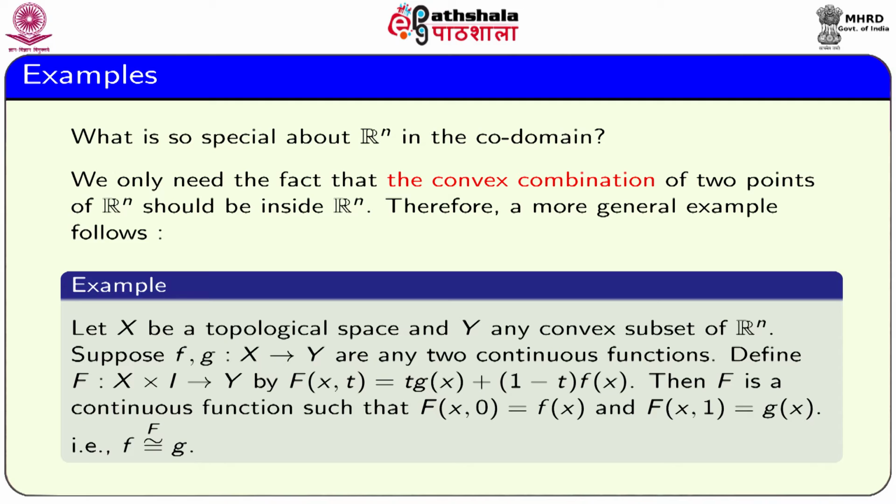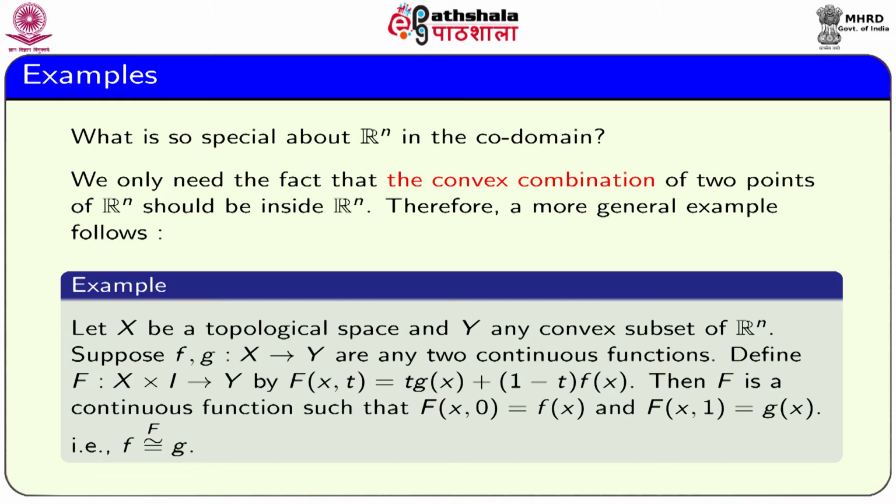Topological space X, and we take a convex subset Y of Rn. We suppose that f and g are two continuous functions from X to Y. Define a function capital F from X cross I to Y by F(x,t) = t g(x) + (1 minus t) f(x).